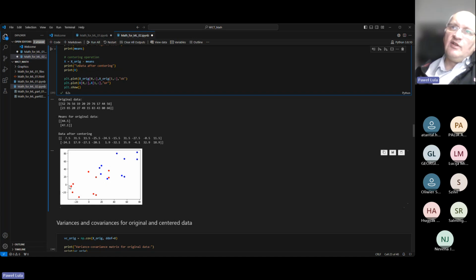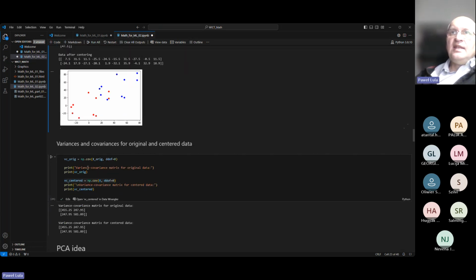So now the point 0, 0 is in the middle of this data set. For example, these 2 points were transformed to here, these 2 points to here. For every point, we can find the element to which it was transformed.